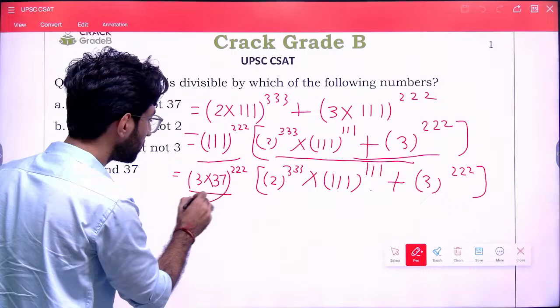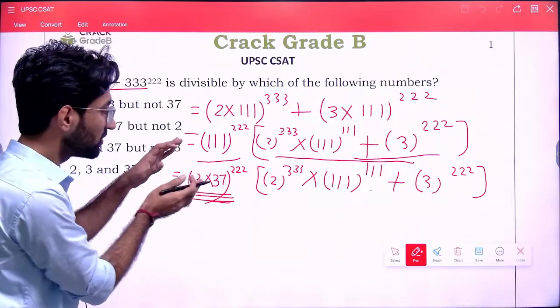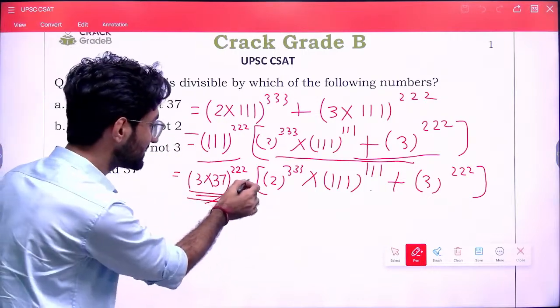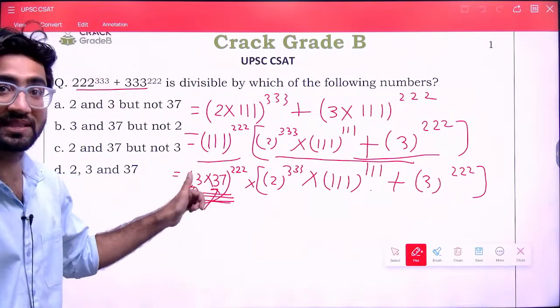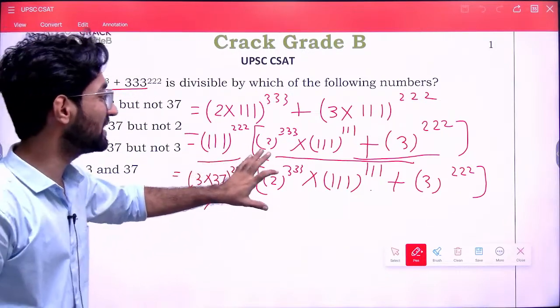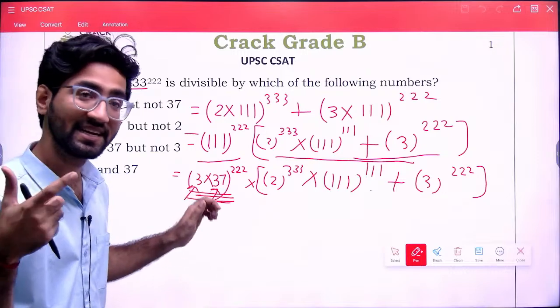So if you look at this part, we can easily say that this number is divisible by 3 and this number is divisible by 37, right? Means the given number is divisible by 3 and 37.